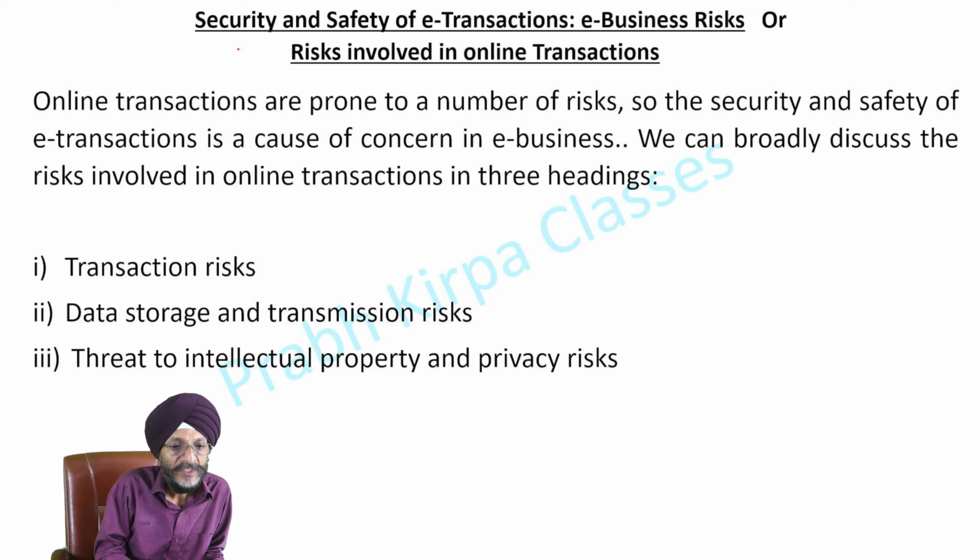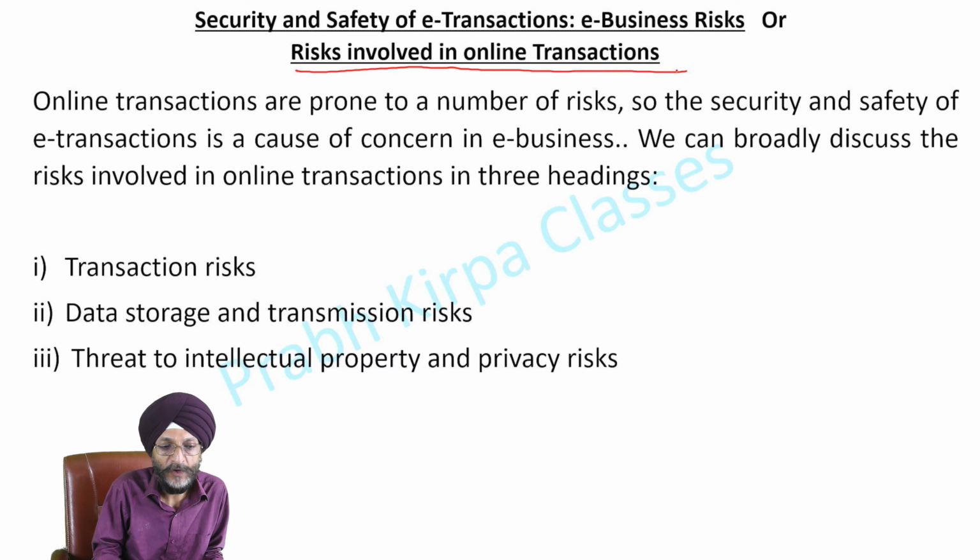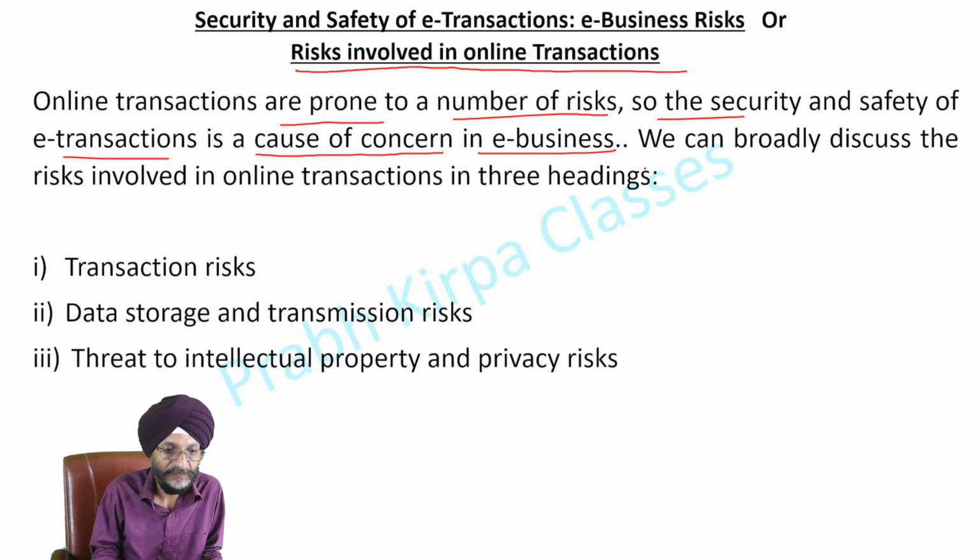Now, security and safety of e-transactions, or e-business risks, or risks involved in online transactions. Online transactions are prone to a number of risks. So, the security and safety of e-transactions is a cause of concern in e-business.